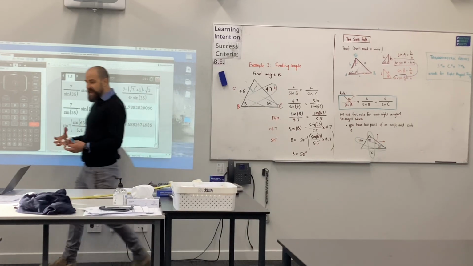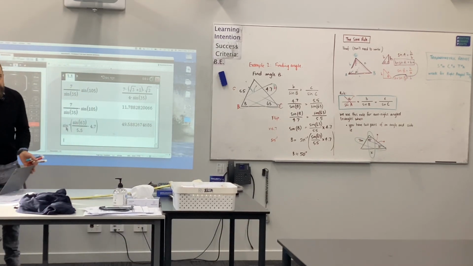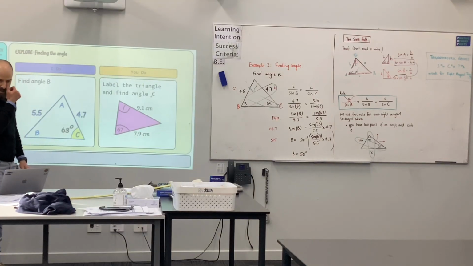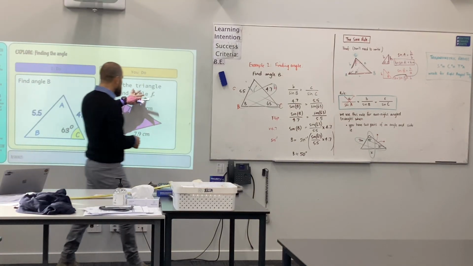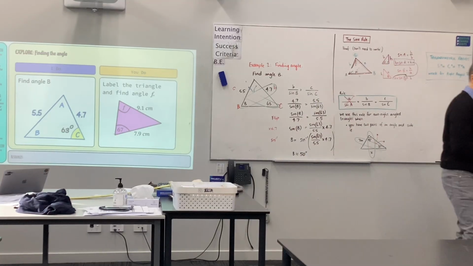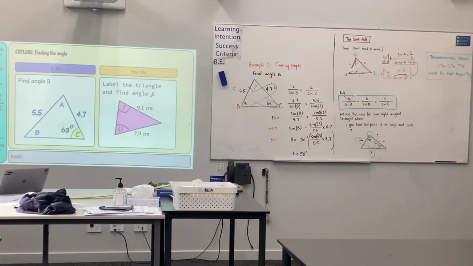Okay, finding an angle, we'll always use an inverse sine, or an inverse cos, or an inverse tan, depending on whether you're working with a right angle triangle or a non-right angle triangle. Okay, can you have a go please at this one? And I'll pause the video.